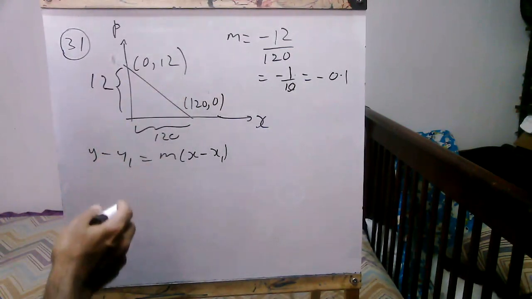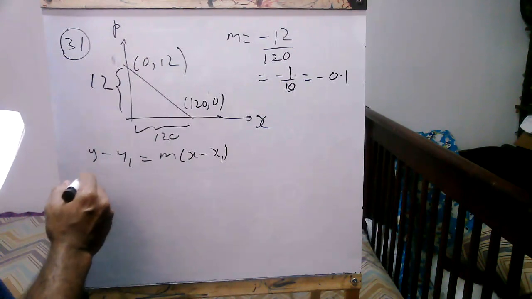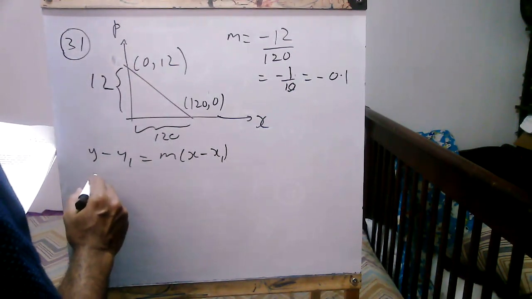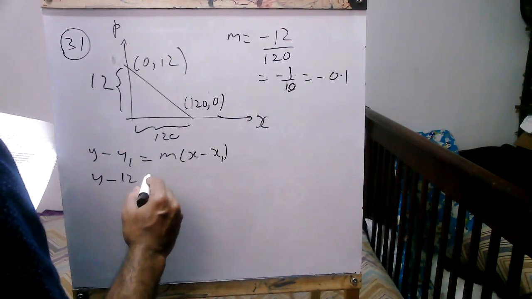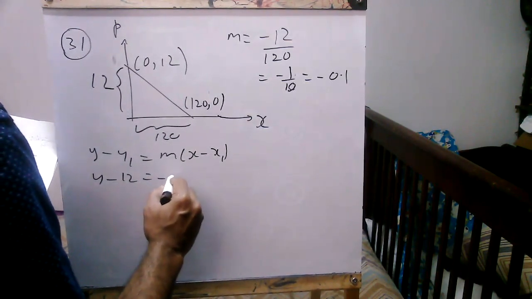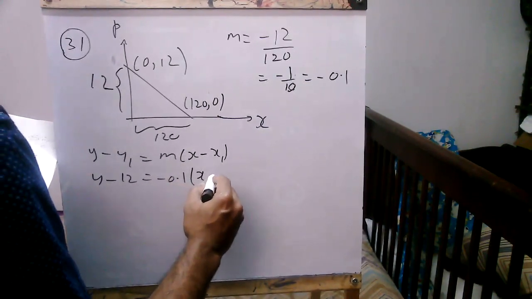We can substitute either point for convenience. Let's substitute this one. y minus 12 equal to negative 0.1 times x minus 0.